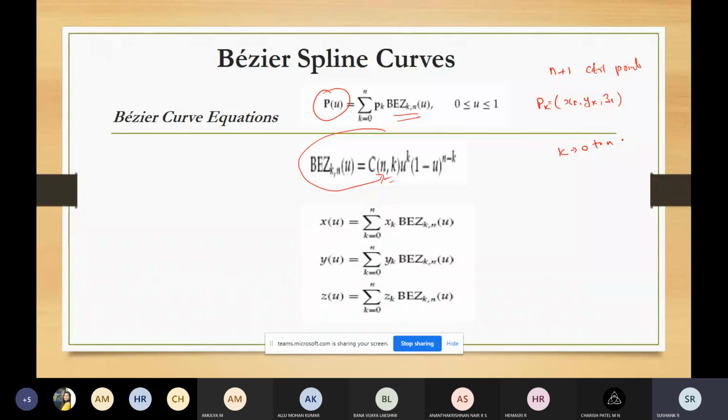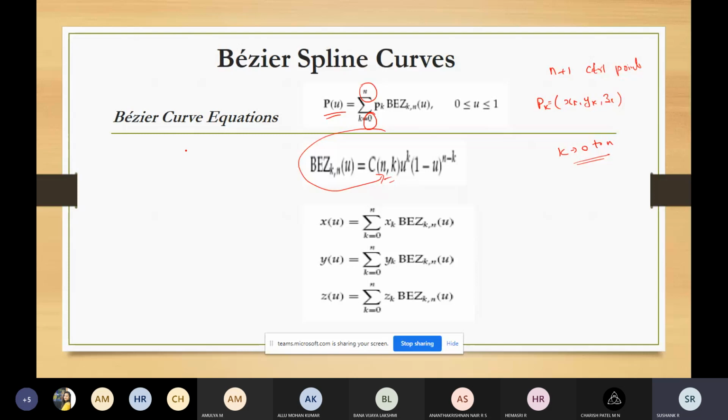These coordinate positions will be used to get the position vector P of U, which will give the path for approximating the Bezier polynomial function from P0 to Pn.